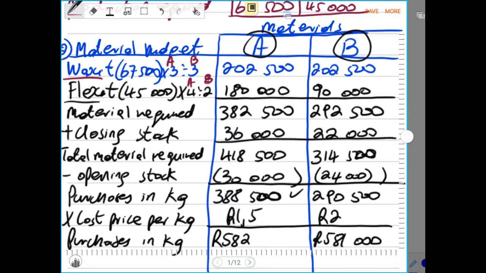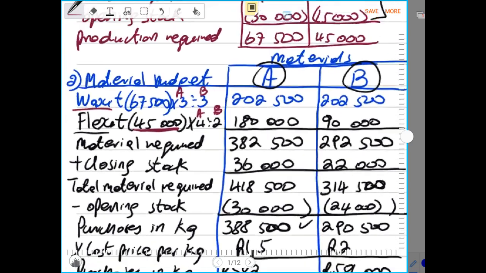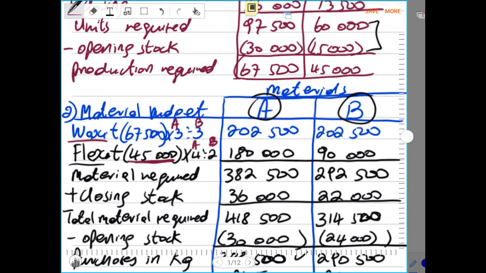Now, I said 45,000 because these are the units that we need to produce, which is the production requirement. For us to produce these units, we need 4 kgs per unit. So we multiply the 45,000 units by the kgs per unit.